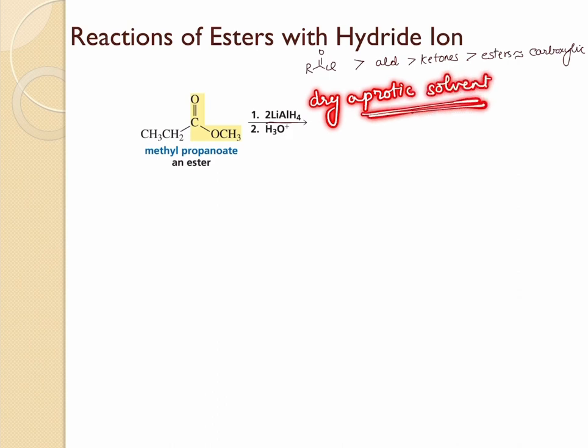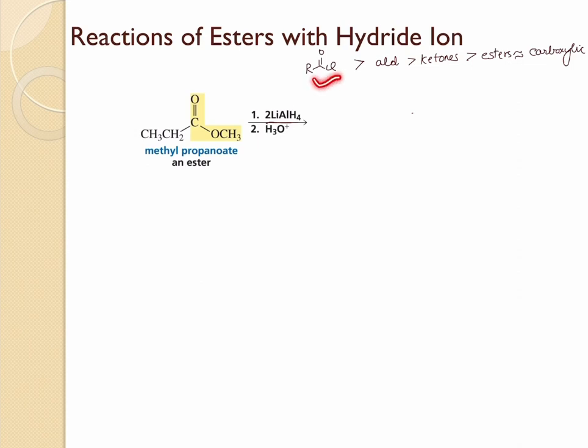Also, lithium aluminum hydride is never used in places where sodium borohydride is useful. For example, in the reduction of acid chlorides, aldehydes, and ketones, we only need sodium borohydride, so we do not use lithium aluminum hydride because it's not as safe.